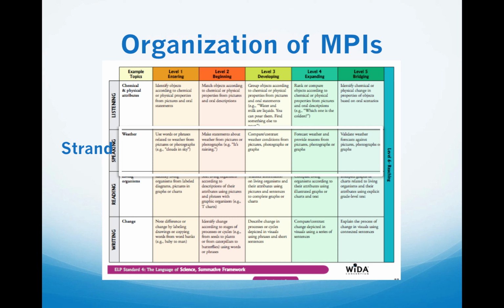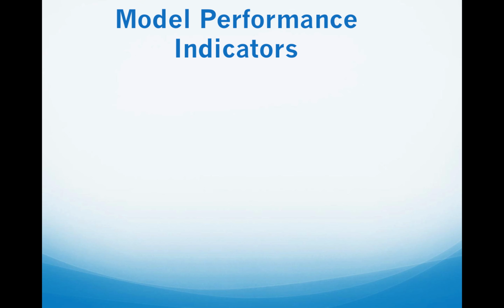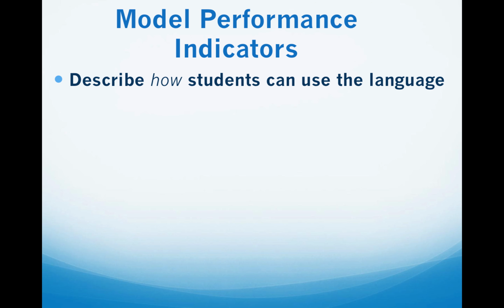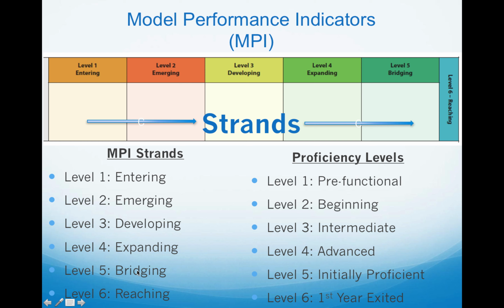So here is the strand, and this is just another graphic showing that we're going from least difficult, entering, to most difficult, reaching. Again, just to let you know, the proficiency levels that I spoke about earlier are not called the same in the MPI strands, but you would still look them up by level.